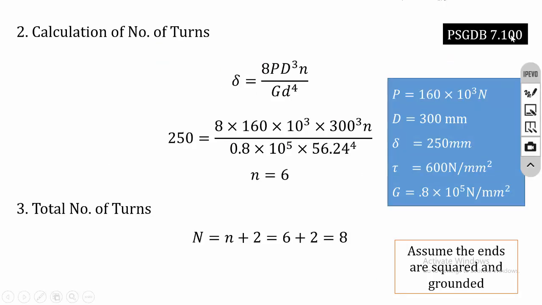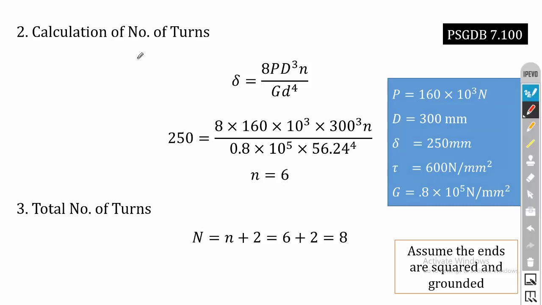After calculating the d value, the next step is calculation of number of turns. Here also use the del equation with capital D. So del is equal to 8PD cube n divided by Gd power 4. So del is 250 mm, P is 160 into 10 power 3, capital D is 300, n is number of turns, G we have assumed that it is 0.8 into 10 power 5, and d is the wire diameter, previously calculated.